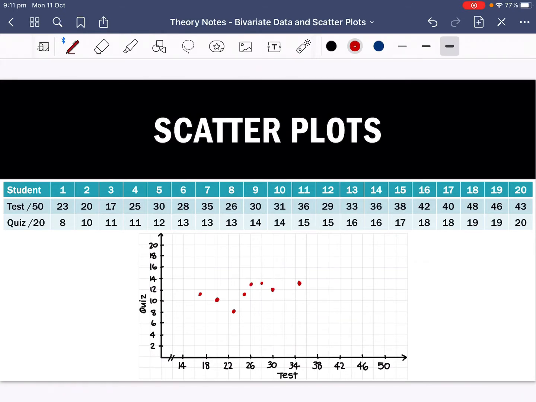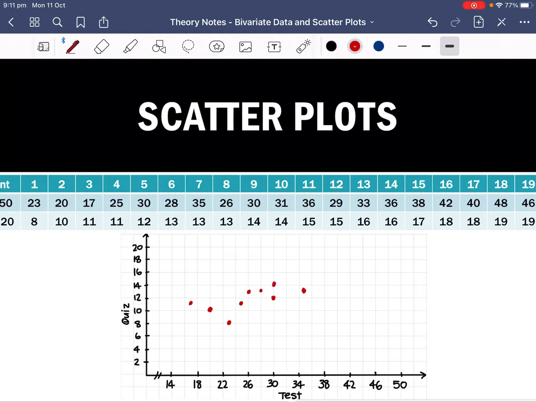We then have 30, 14. Oh, I zoomed in then. We then have 31, 14. And then we have 36, 15, and then we have 29, 15.